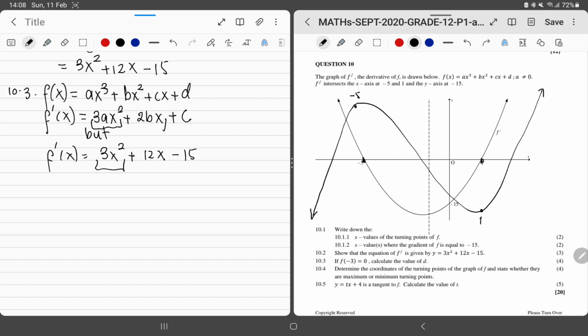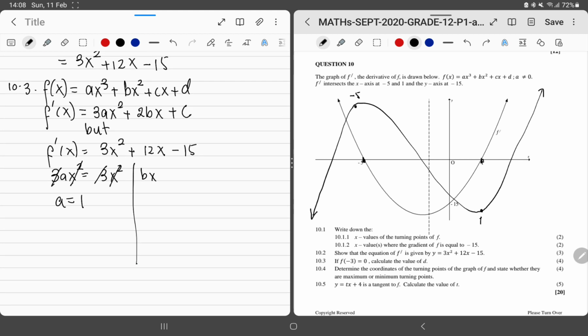So now I'm going to notice how the whole of this should be equal to that. So I'm just going to equate the corresponding terms. 3ax squared should be equal to 3x squared. This takes care of that. So a is equal to 1.